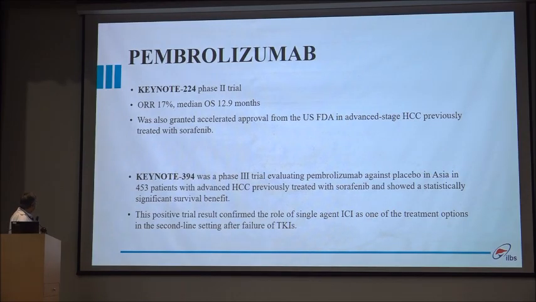Another is the KEYNOTE-394 trial, which was a phase 3 trial evaluating pembrolizumab against placebo in Asia in 453 patients with advanced HCC previously treated with sorafenib and showed a statistically significant survival benefit.